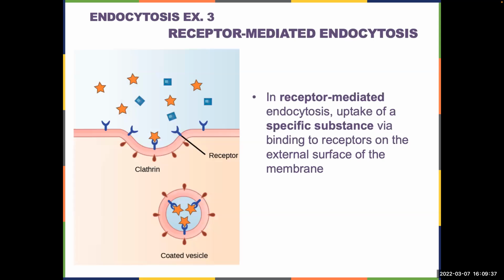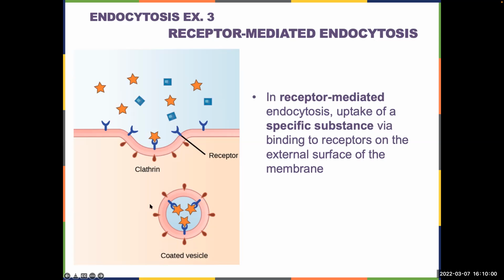Okay, receptor mediated. This is specific due to specific binding on a receptor. So a receptor is only going to bind to one specific substrate. If that specific substrate binds, it can start the process of folding in that membrane onto itself.